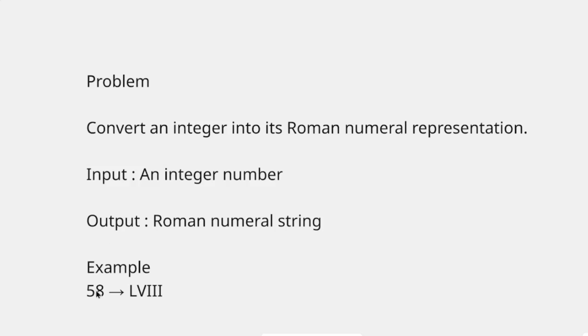So we take input as 58 and we have to represent it as a numeral. In a previous video you have seen the chart, right? I'll display it here also, and we must convert into Roman numerals. Here is a sample test case. If we have input 3, we get III.